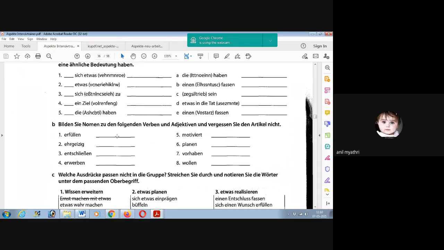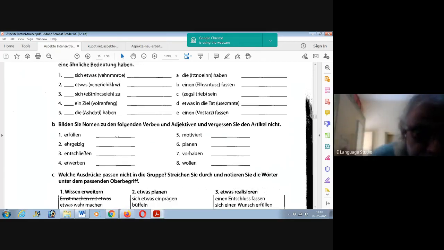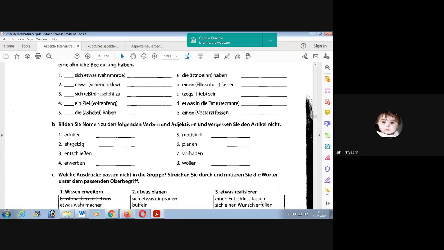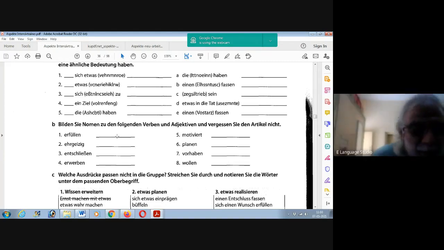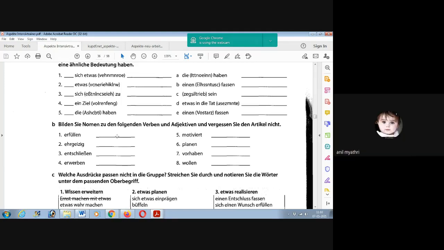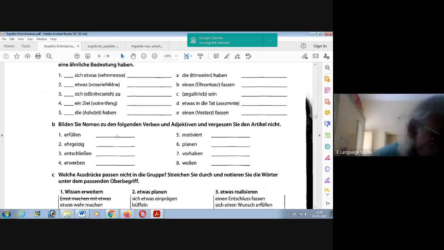Erfüllen, wie heißt es Nomen? Oder Adjektiven? Nee, also Nomen, nur Nomen. Bilden Sie Nomen, ja. Erfüllen, Nomen. Article. Die. What about ehrgeizig? It means ambitious, competitive, aspirational.